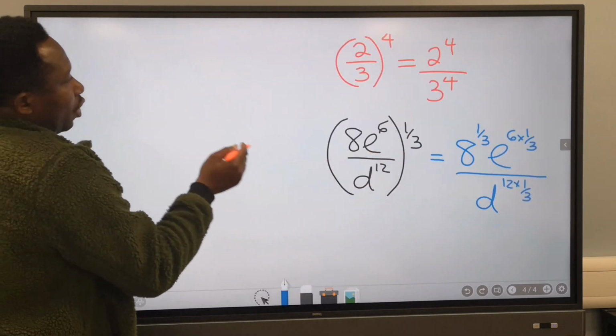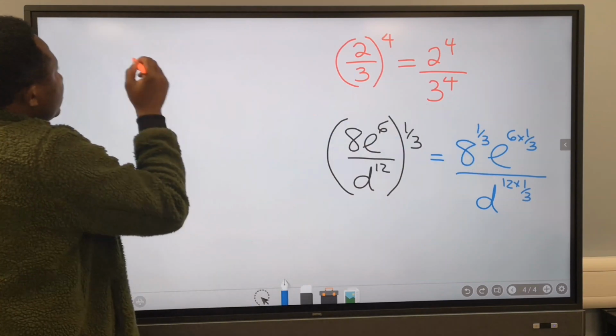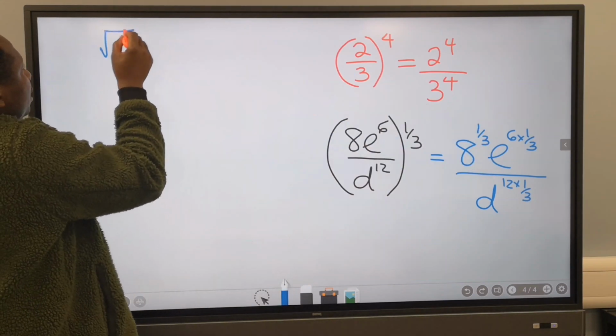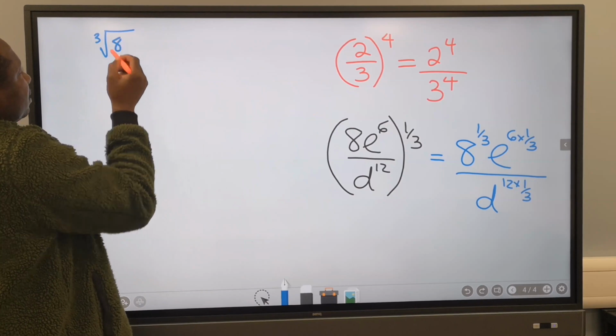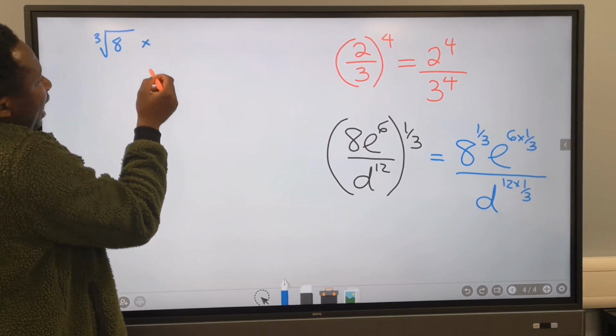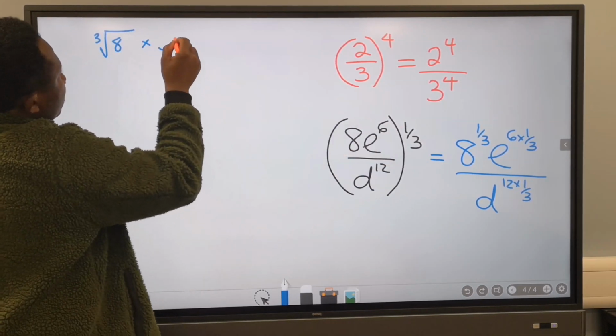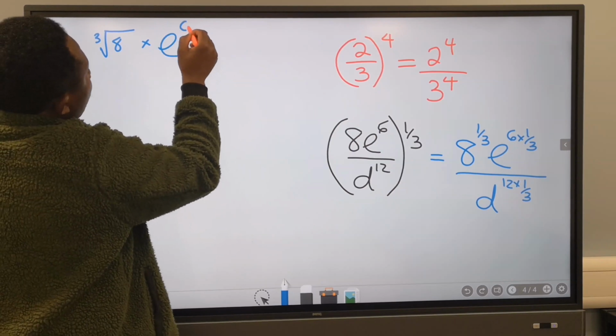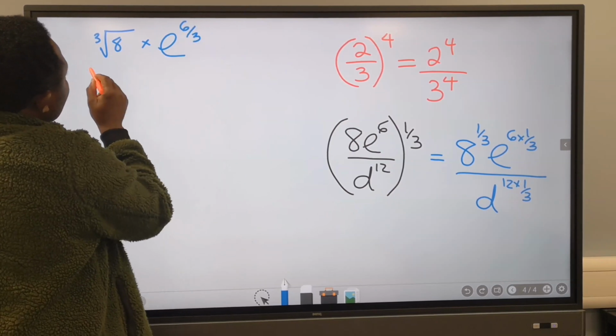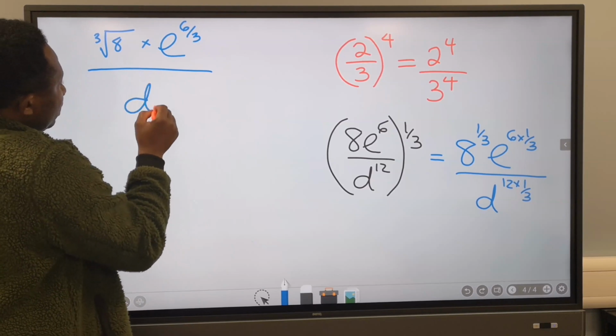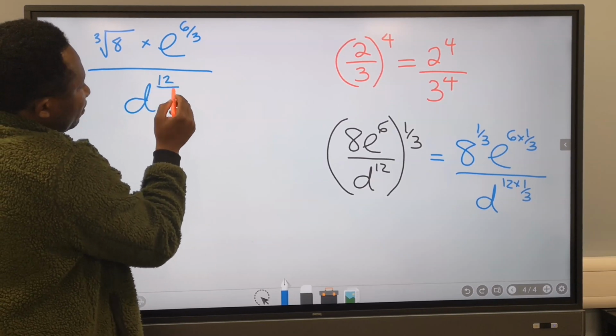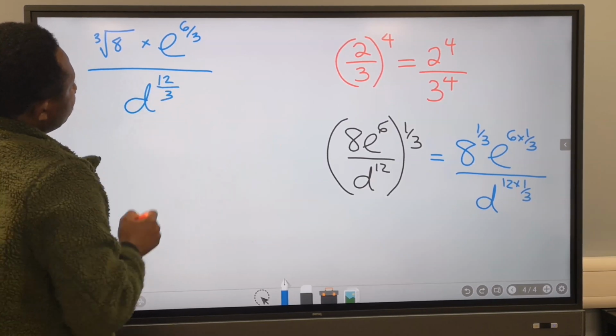This is the same thing as saying the cube root of 8 multiplied by e to the power of 6 over 3, and d to the power of 12 divided by 3.